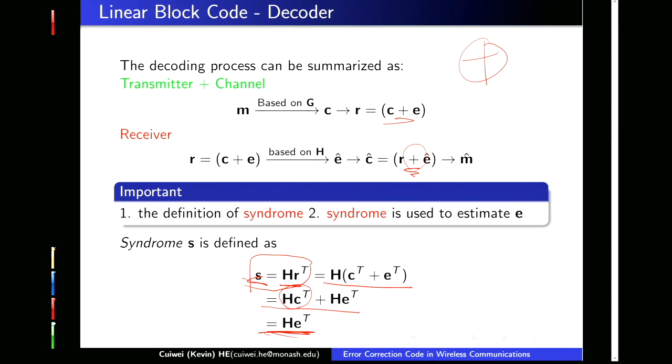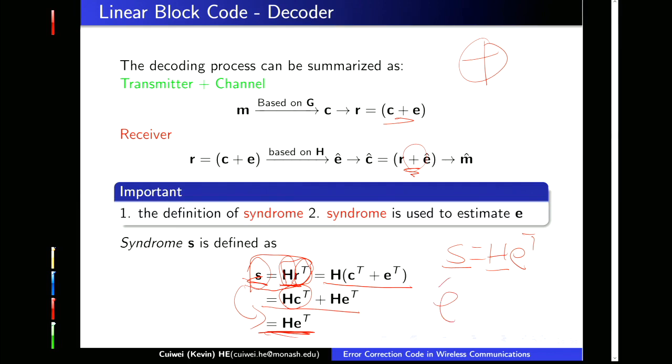So the process is, at the receiver, we have this part, and we know the H. We can calculate the syndrome, and we know the syndrome equals H multiplied with the error vector. So now we have this relationship. We know what S is, because we can calculate it, and we know what H is, the parity matrix.